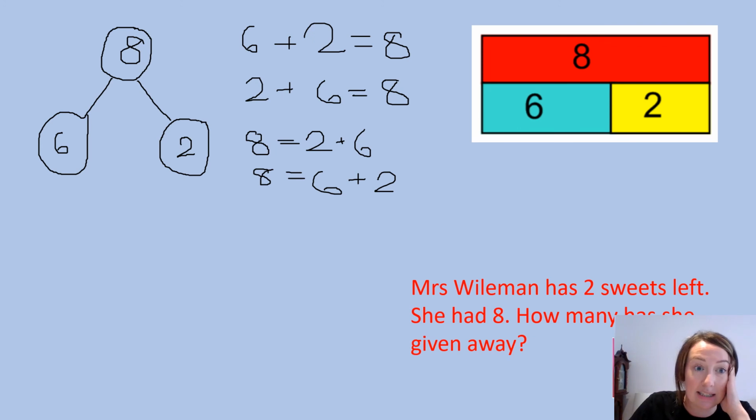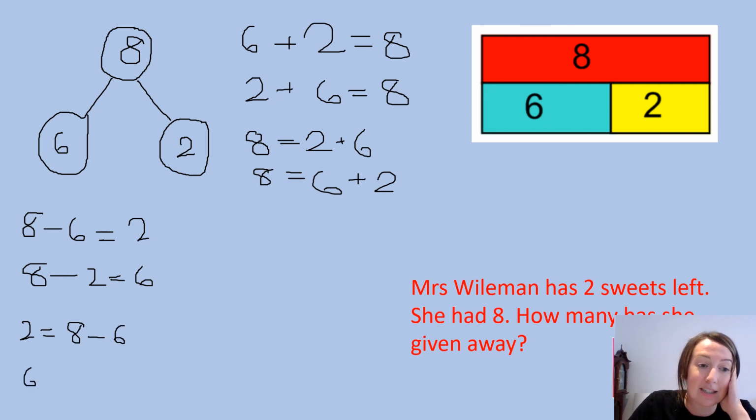So the takeaway, starting with the whole, 8 take away 6 equals 2. 8 take away 2 equals 6. Now bringing the parts up, so 2, because that's a part, equals a whole, 8 take away 6, but 6 would equal the whole 8, take away 2.